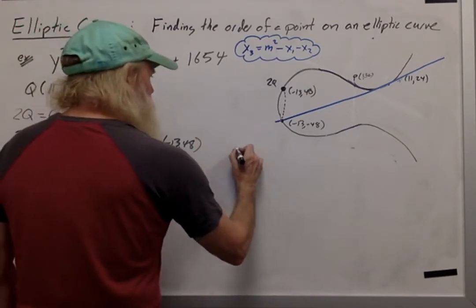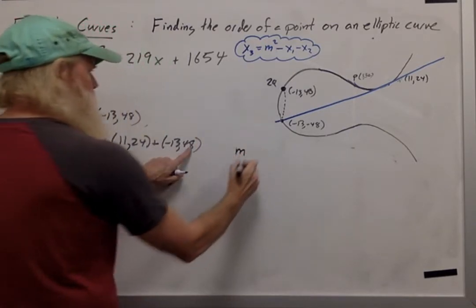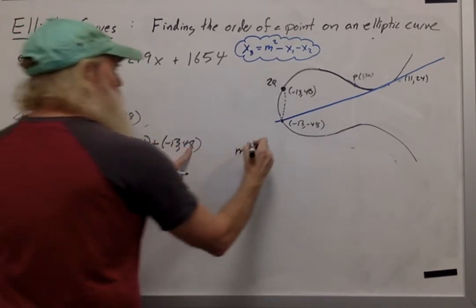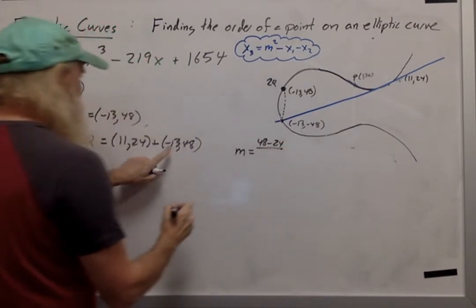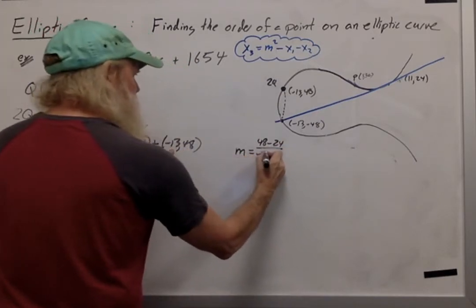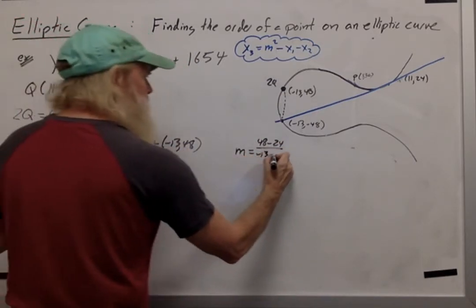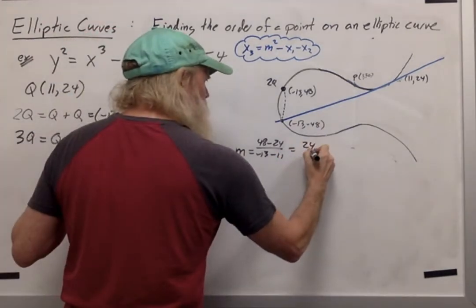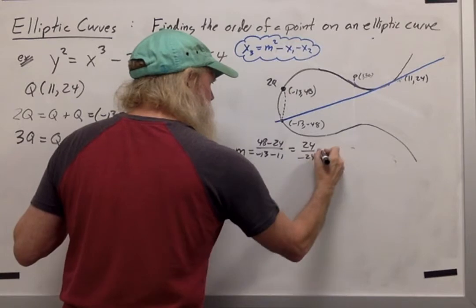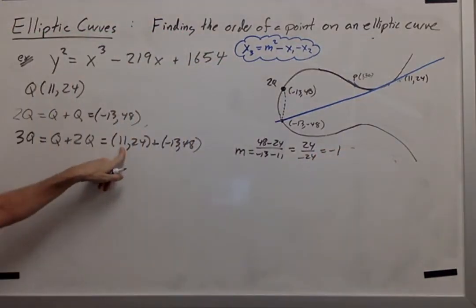So first of all, we can find the slope: 48 minus 24 divided by negative 13 minus 11 is 24 over negative 24, or negative 1.